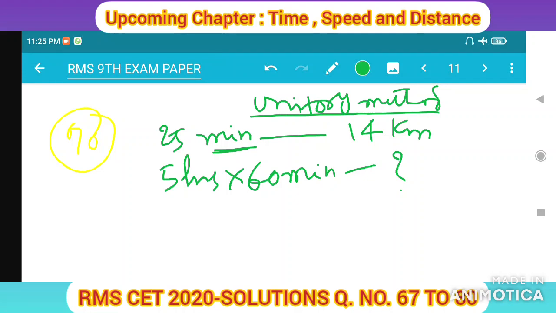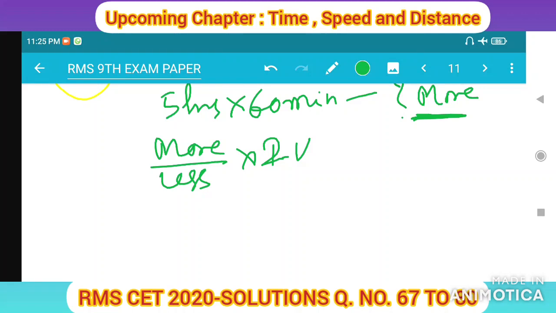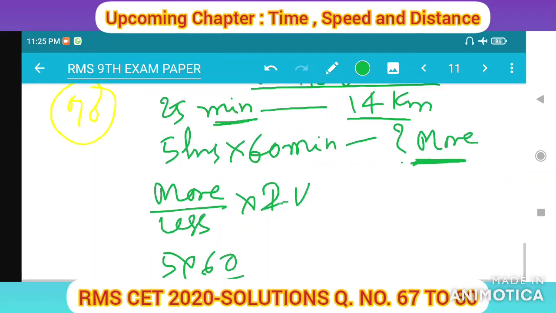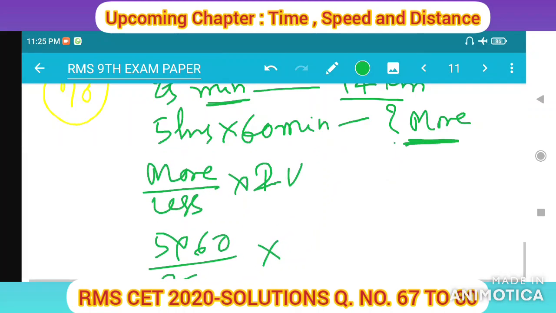In 5 hours, definitely more kilometers will be covered. So when the comparison is more, the formula becomes more by less into individual value. More is 5 into 60, less is 25, into the individual value 14 kilometers.